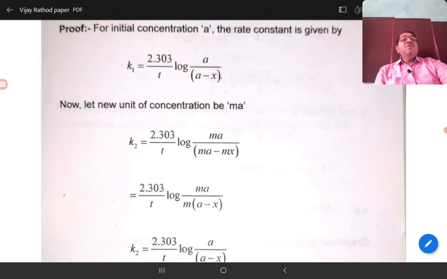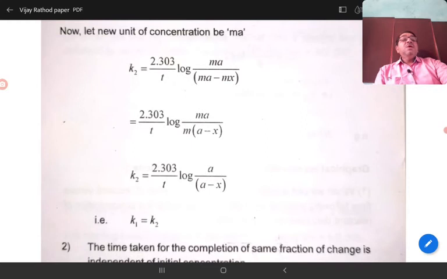When we simplify it in the next step, that is 2.303 divided by t into log of ma upon, taking m as common and again a minus x in the bracket, so it gets cancelled by the numerator and denominator side of this log, ma upon m into a minus x in bracket.